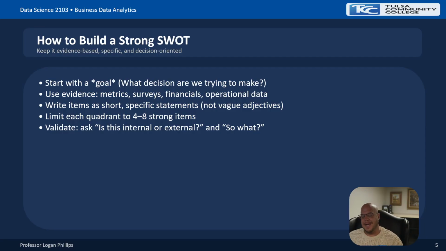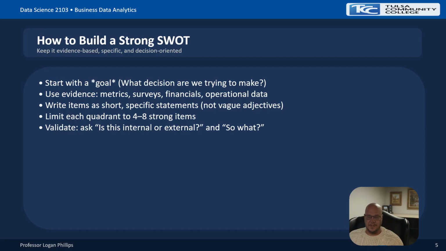Step 2, gather quick evidence. Not a 40-hour research project, just enough to avoid making things up. You're looking for data like trends over time, outcome metrics, feedback patterns, benchmarks against peers, and capacity constraints. Step 3 is brainstorm, then rank. Get your list, then force yourself to choose the few that matter the most.